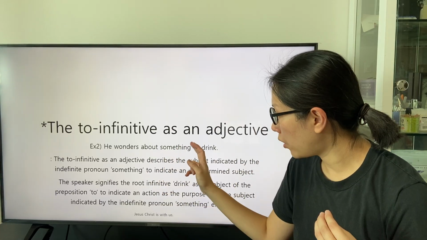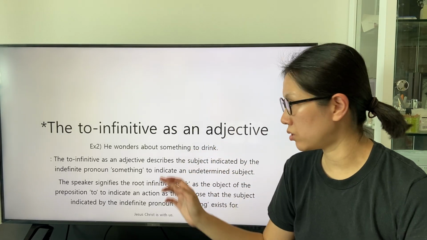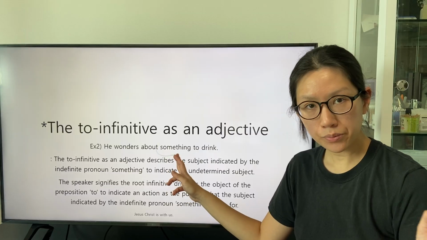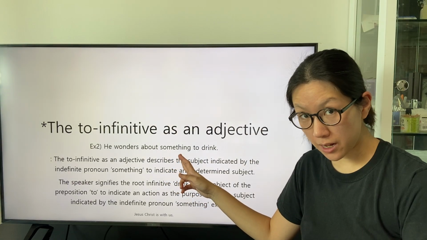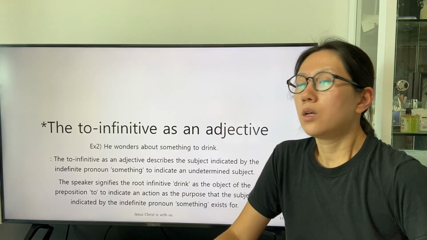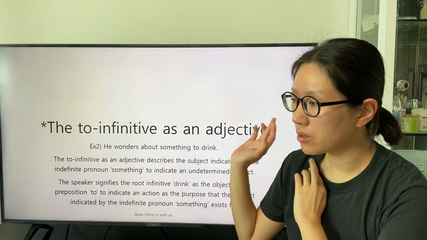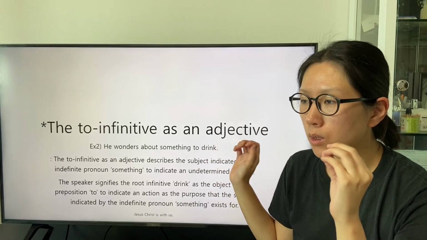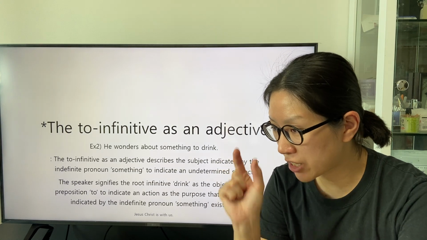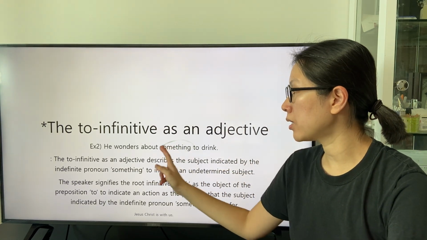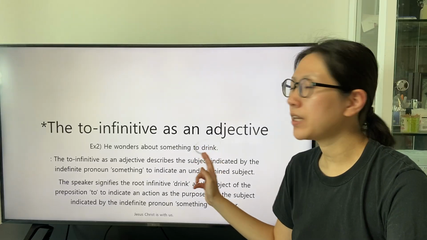And the adjective cool is about the present condition of the subject something. So if you want to add the adjective cool, we can arrange the adjective cool between the indefinite pronoun something and the to infinitive, to drink.